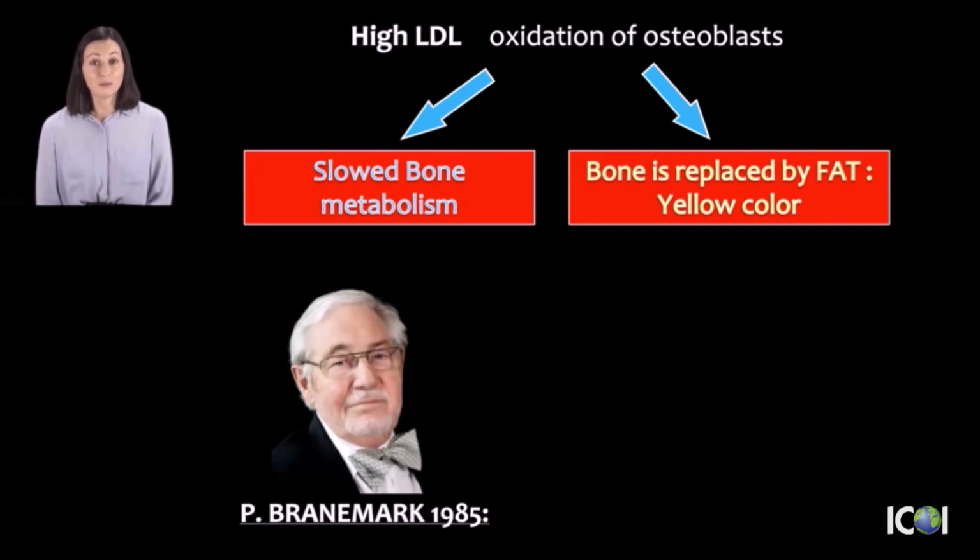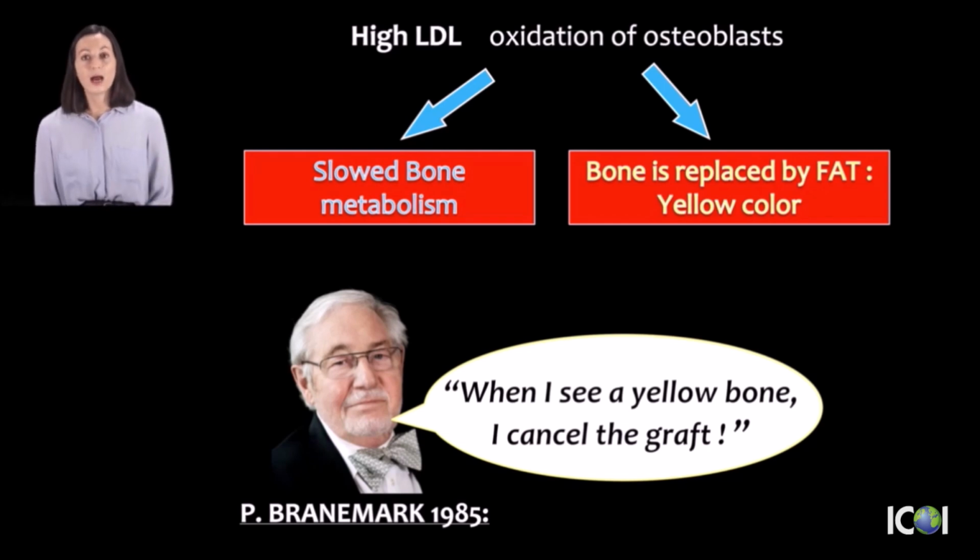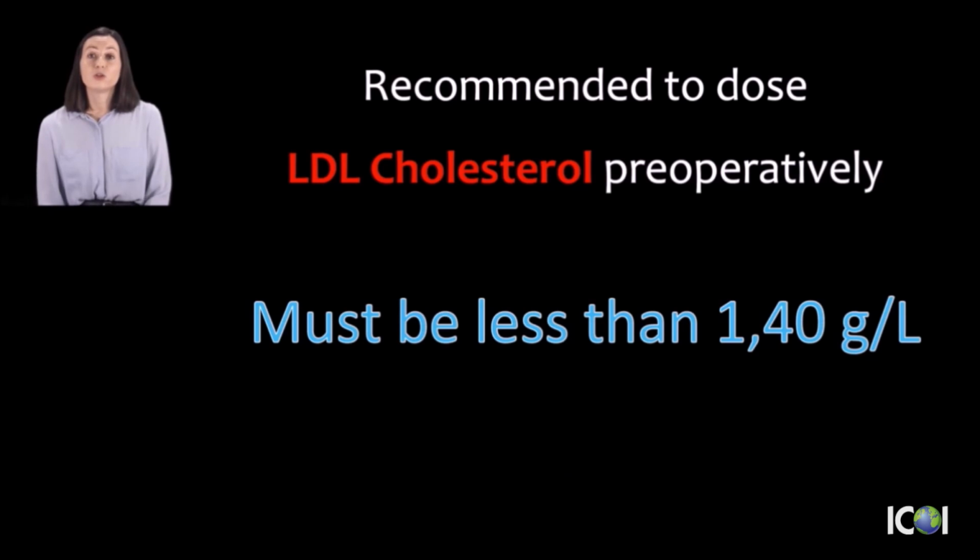And this guy, Brånemark, more than 30 years ago, was saying to his students, when I see a yellow bone, I cancel the transplant. Why? Because he noted at that time that a yellow bone leads to more complications. Now we have the physiological and the biological explanation of this. This is why we recommend to dose the LDL cholesterol pre-op, and it has to be under 1.40 grams per liter.